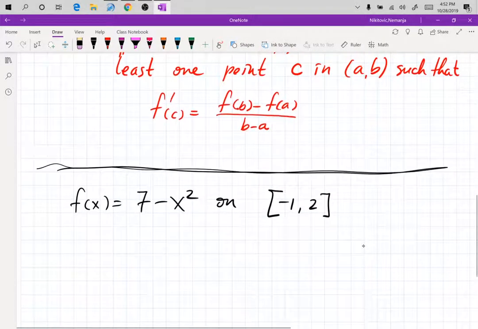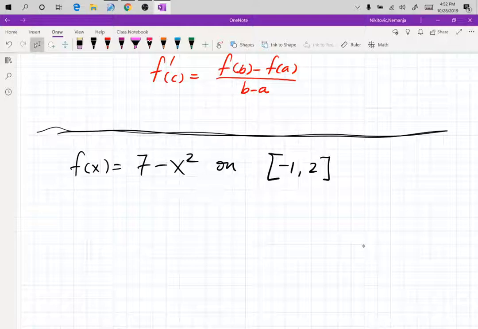So now we have, this is a polynomial. All polynomials are always continuous on the entire domain. And then they're all differentiable as well, so they don't have any spikes or cusps or vertical tangencies or vertical asymptotes, right? So none of that stuff.